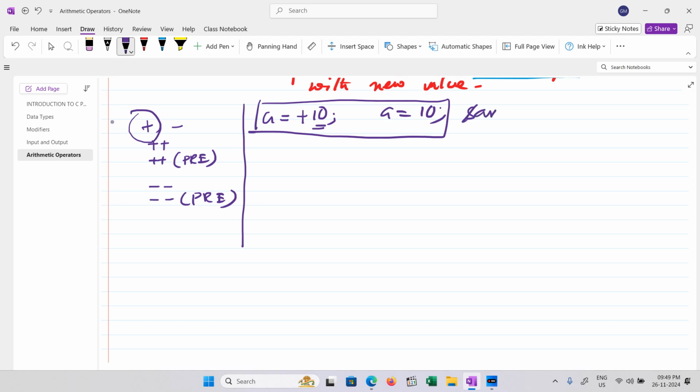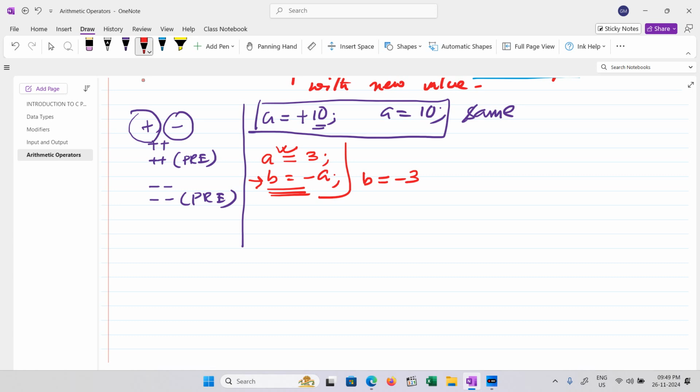But in case of unary minus, it is totally different. Suppose I declare A equal to 3 and then write B equal to minus A. What will happen here? The value of A is positive, there is no issue, but due to this expression B is getting negative 3.